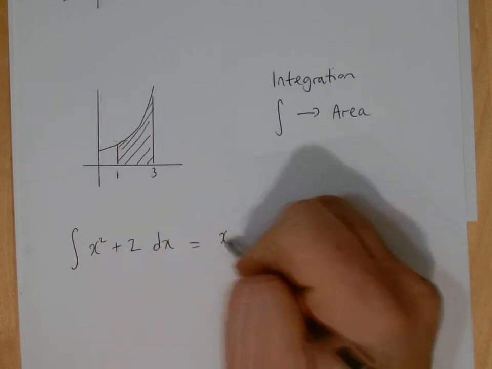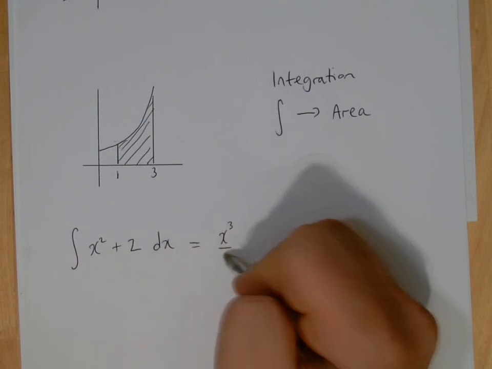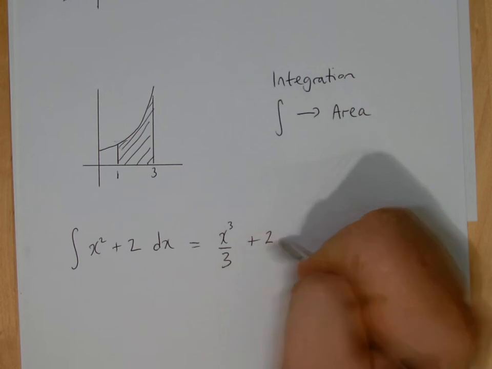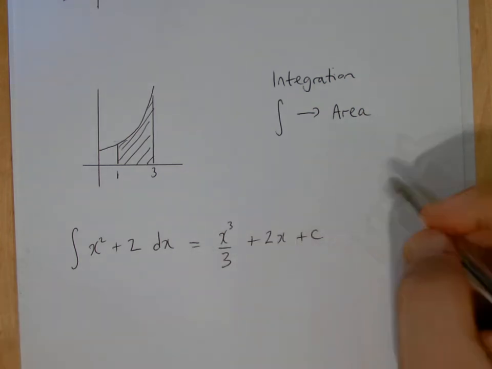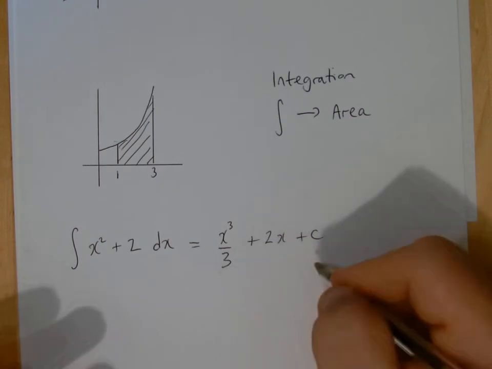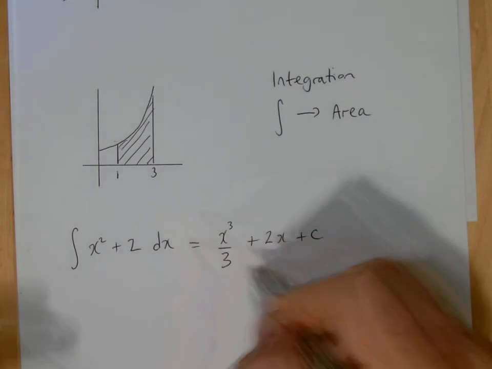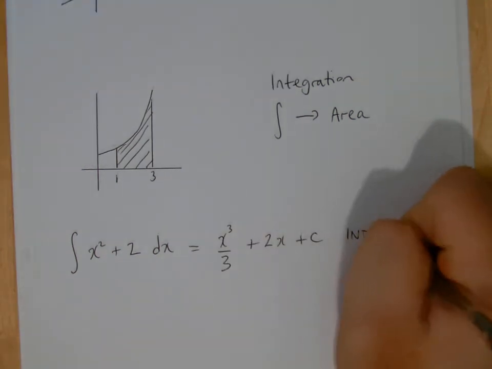You add 1 to the power, so you get x cubed, divided by 3, and then of course 2x from here, and then plus c, and we leave it like that. That doesn't give us an area. That just gives us this function here, not a numerical value. So this is what is known as an indefinite integral.